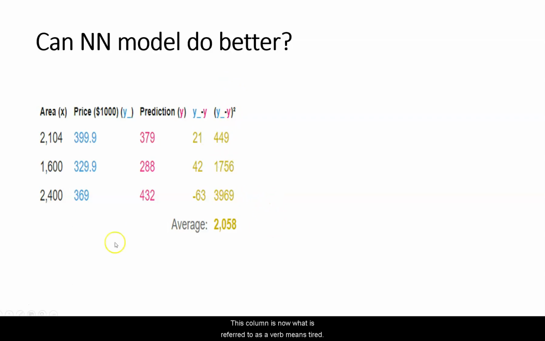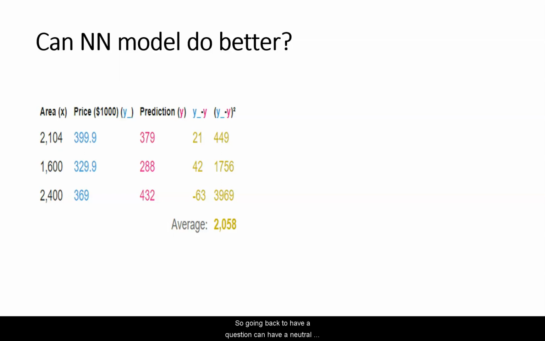And this column is now what is referred to as our mean squared error, also known as loss function or cost function. So we will now use this mean squared error or the loss function or the cost function as a guide to train our neural network.